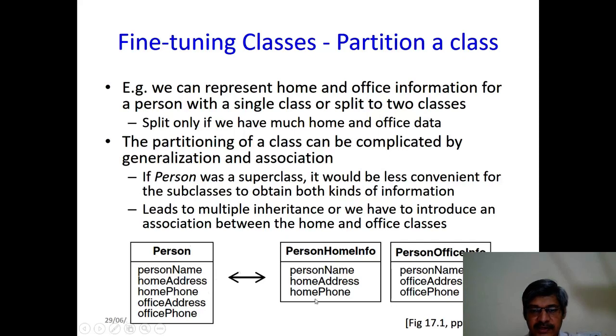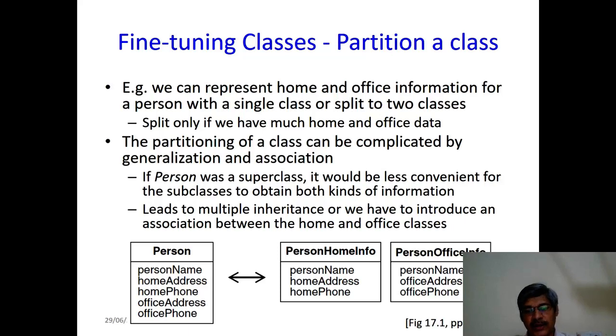Now if you split it into two classes, the subclass has to extend both. That means we are discussing multiple inheritance. We already discussed multiple inheritance during the class model, and we observed it to be a very complex model, and not many programming languages actually support it.